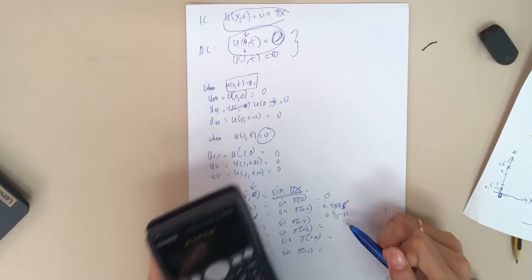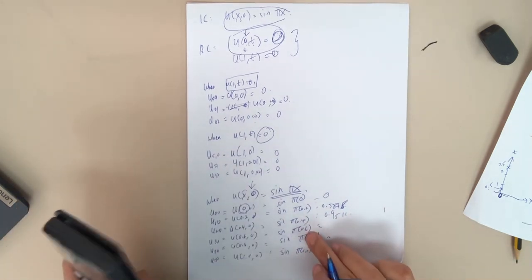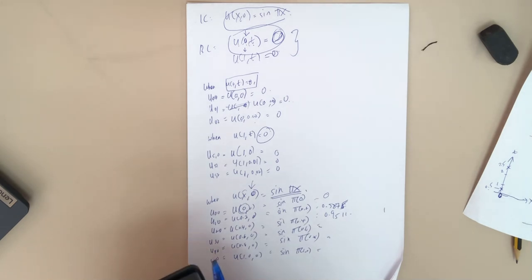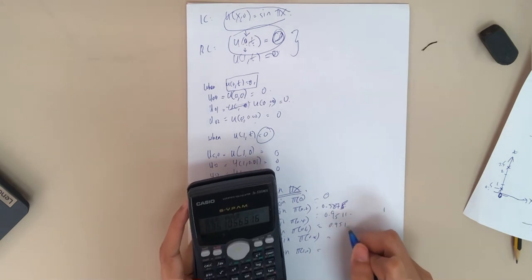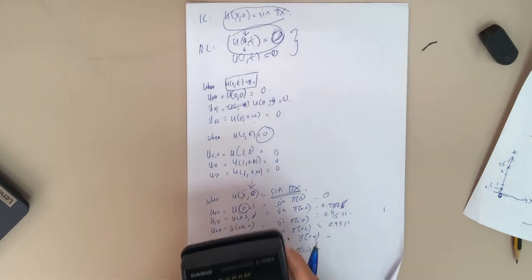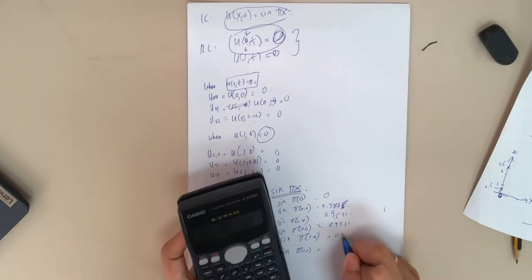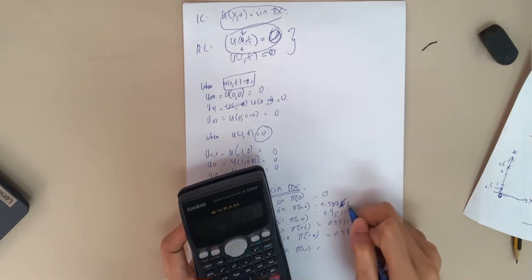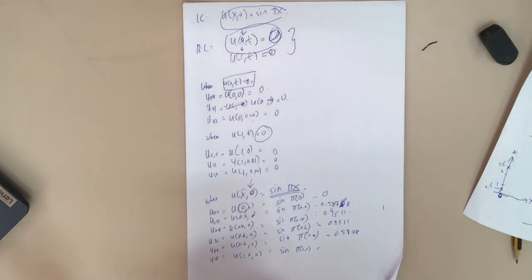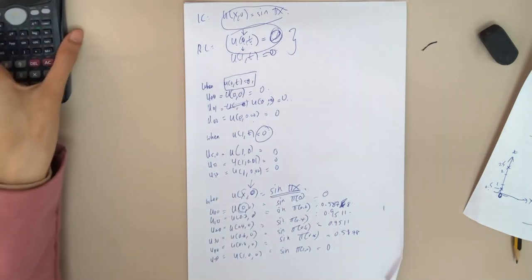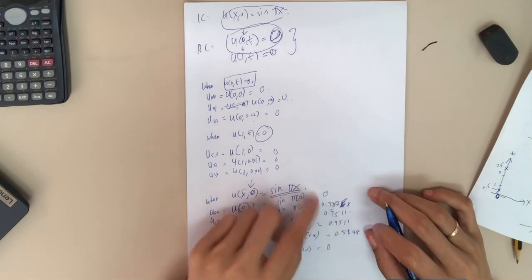Okay, 0.9511. And then you do the same thing for the next one, 0.6 times pi, sin answer 0.9511 as well, and then 0.8 times pi, sin answer 0.5878. Then sin pi, sin 180 lah, is 0. Alright, so you got all this value.